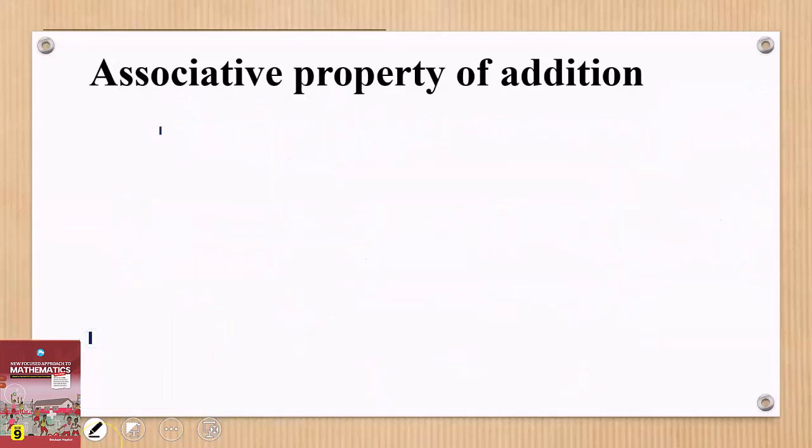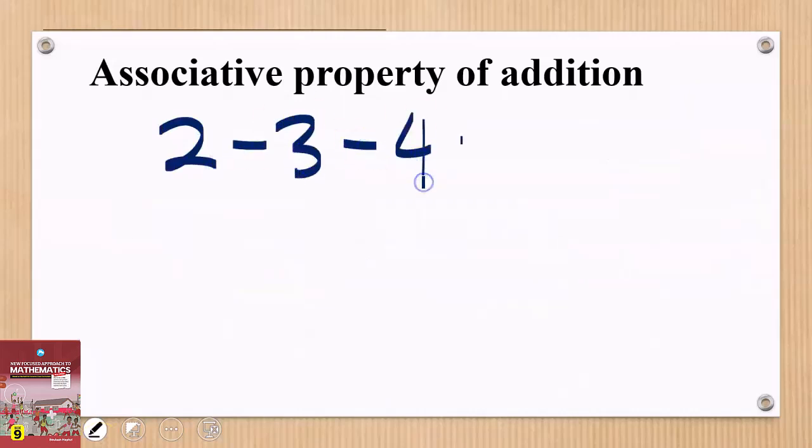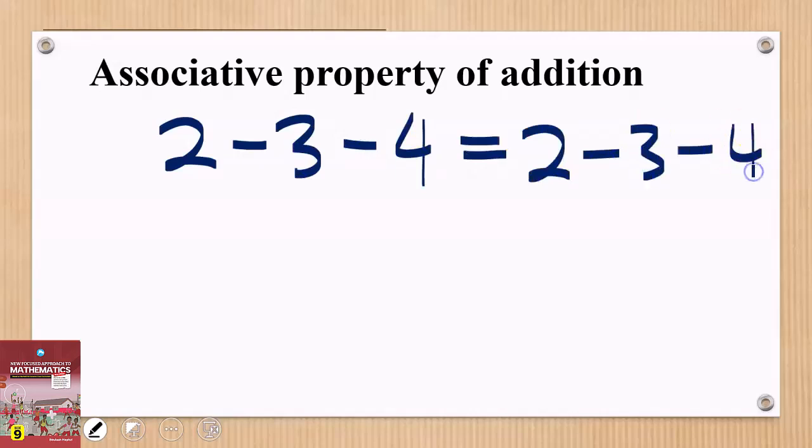Okay, if I have 2 minus 3 minus 4, 2 minus 3 minus 4, I've written the same thing. So ideally, in simplifying, the left-hand side should be equal to the right-hand side. Let me try to start with 2 minus 3. And 2 minus 3, I know that is going to give me negative 1.